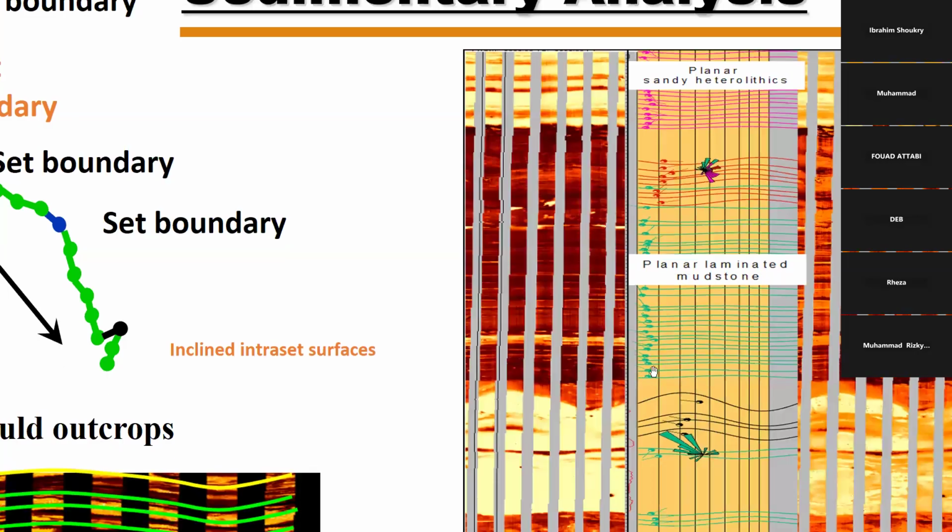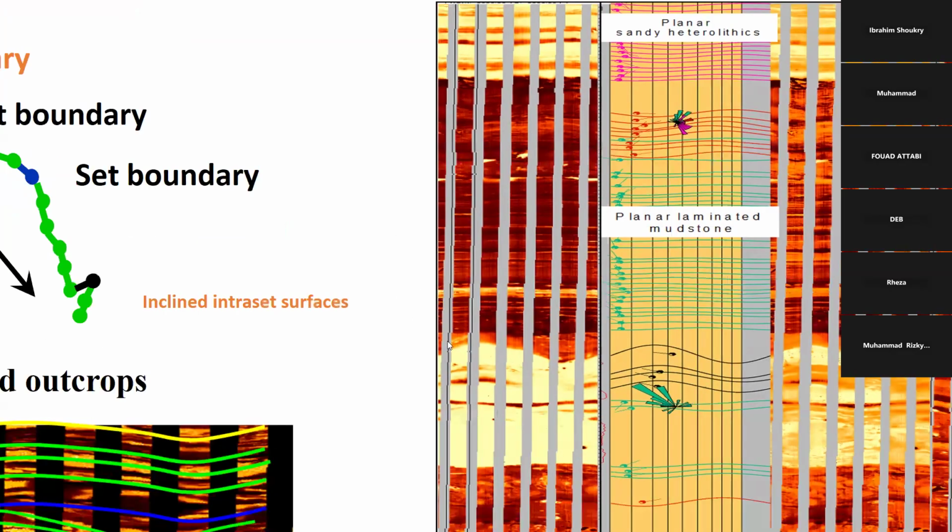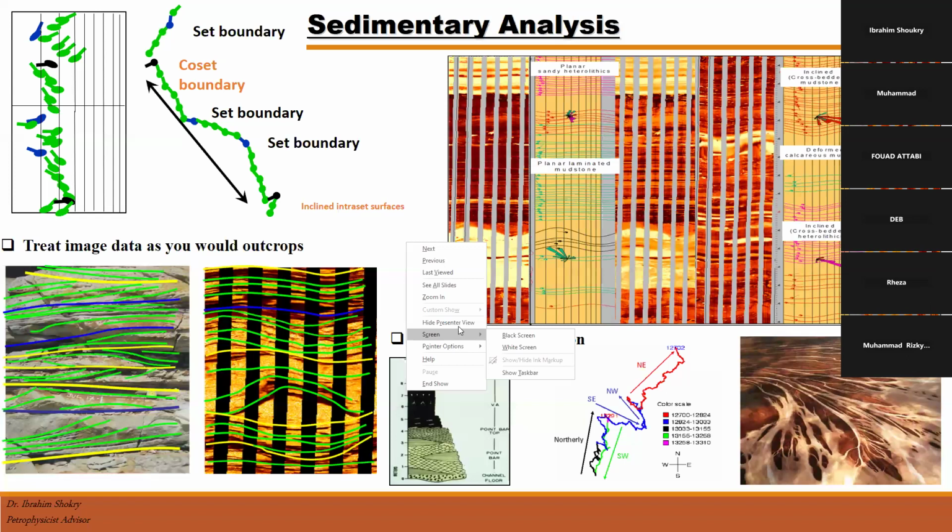We can see here that the dip of this sand is in the same direction. So by picking your scouring and picking your sand lamination, you can predict that your channel is going toward some sort of this direction.